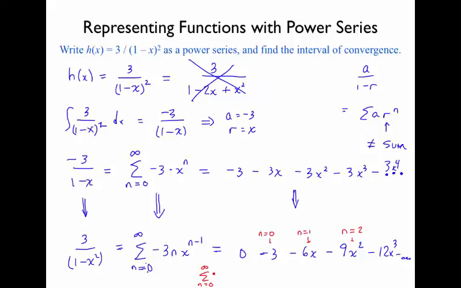So I need -3 times 1 here when n equals 0. So what is that going to become? n plus 1. And then I need x to the n, because the power of x is the same as whatever n I have. So that would be an alternate way to write this.